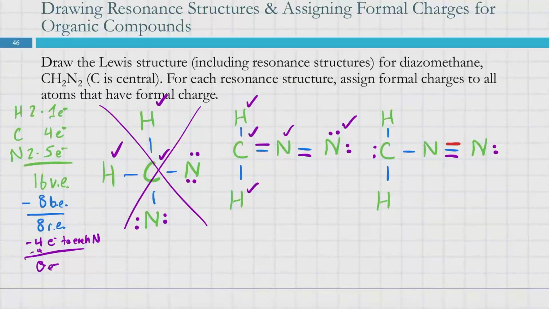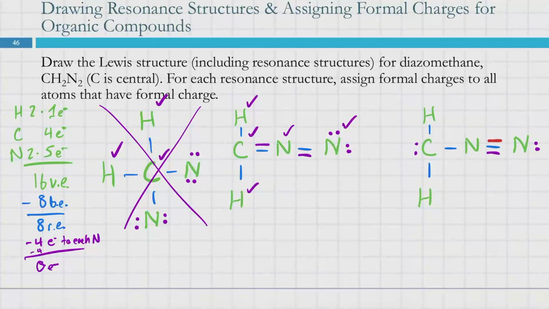Can anyone think of any other resonance structures? I'm not coming up with any either. So it looks like we've got 2 resonance structures, and hopefully I'm correct about that, it's just 2.